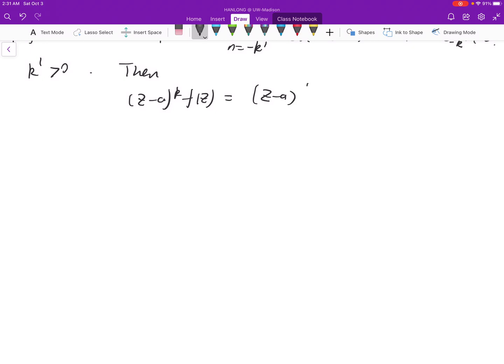So you do the product, you factor out (z minus a) to the k prime's power.